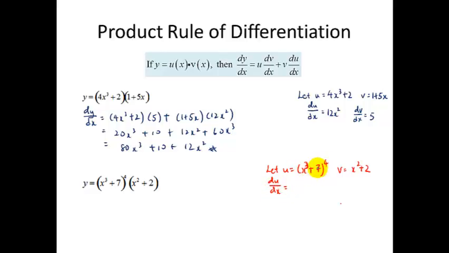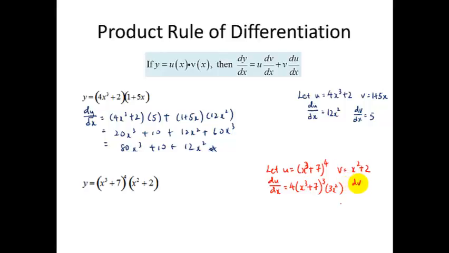To differentiate this, I need to apply the second basic rule of differentiation from the earlier video. I bring down the power, the function remains, the power becomes 3, and don't forget to differentiate the function inside. x cubed becomes 3x squared, plus 7 is just 0.